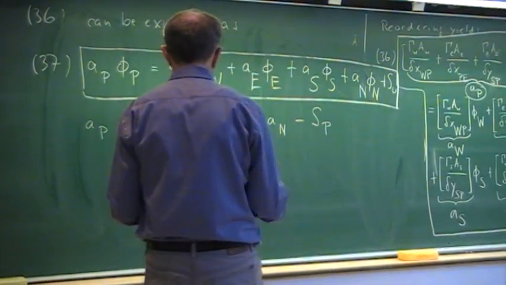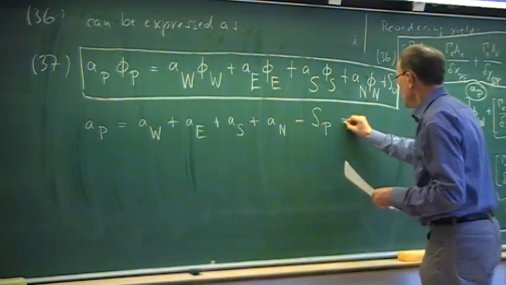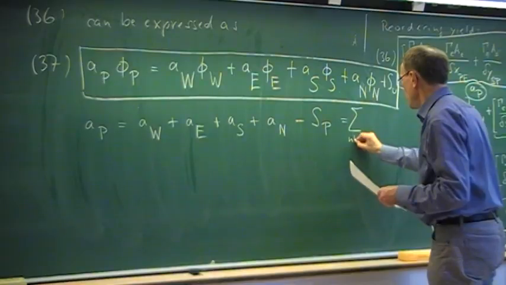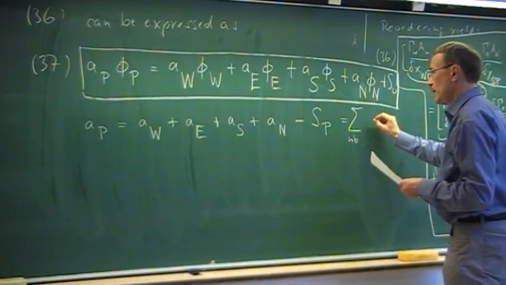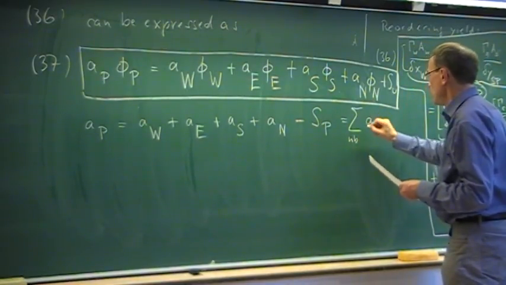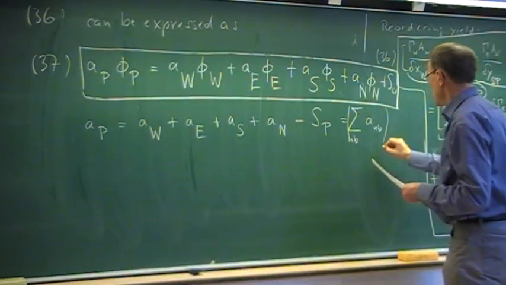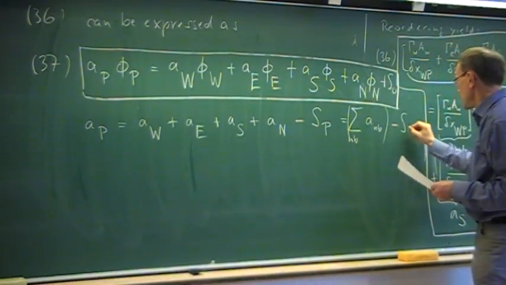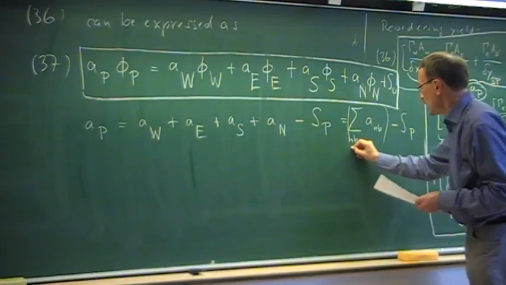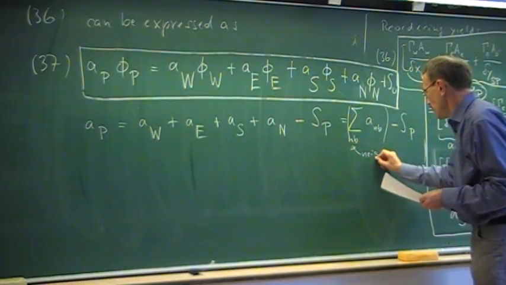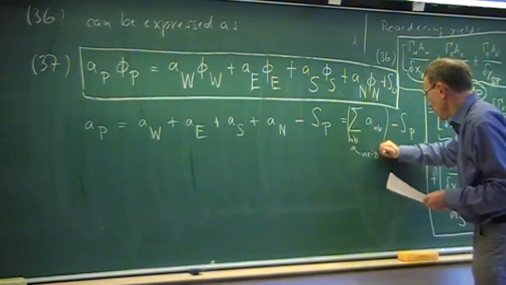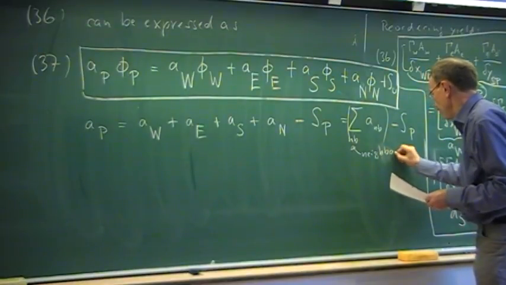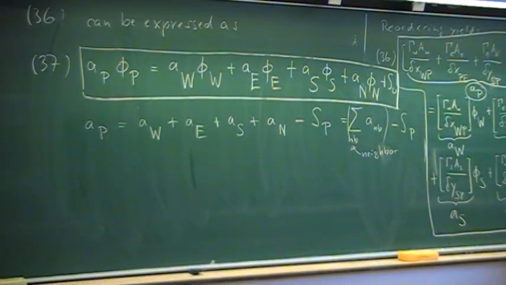We can write this a little bit shorter as the sum over the neighbors, A NB, minus the SP. The NB that we are using here is the neighbor coefficients, and they are, as you see, W, E, S, and N.